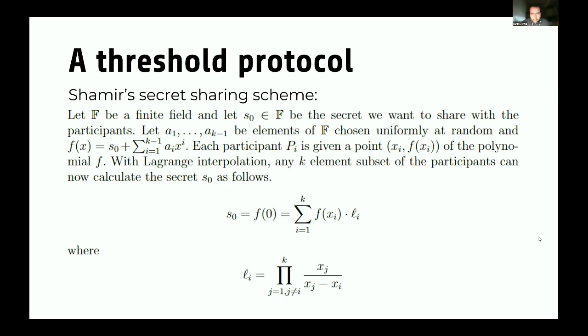So first, they have to calculate these L values. L sub i equals the product of x_j over x_j minus x_i for all j not equal to i, and then the constant value of the polynomial is the sum of f(x_i) times L_i. So this is Shamir's secret sharing, and basically what we want to do is to build this polynomial in the exponent of the hash function.